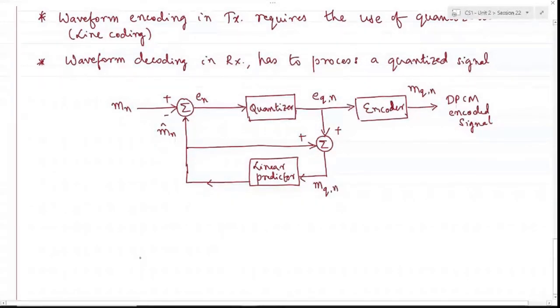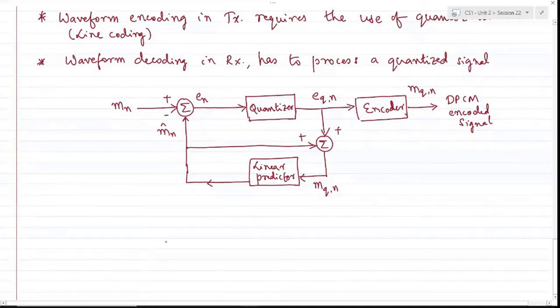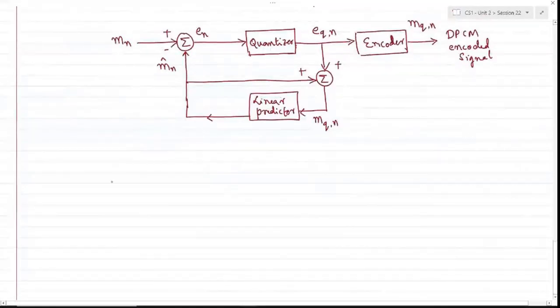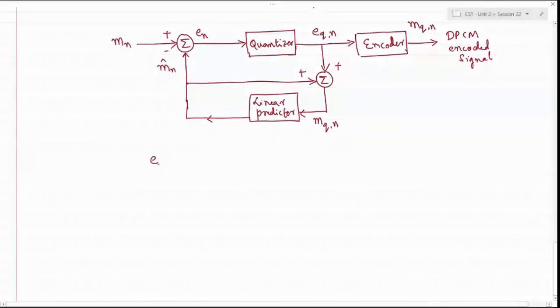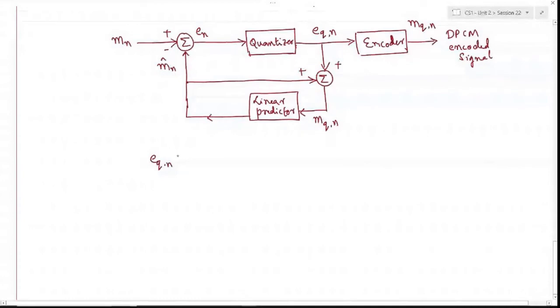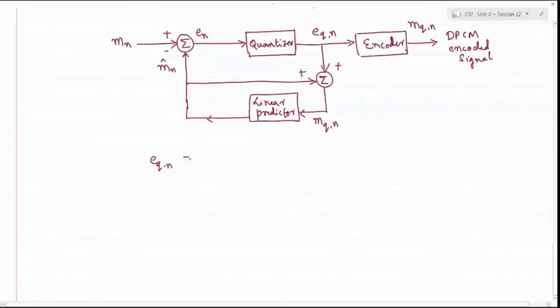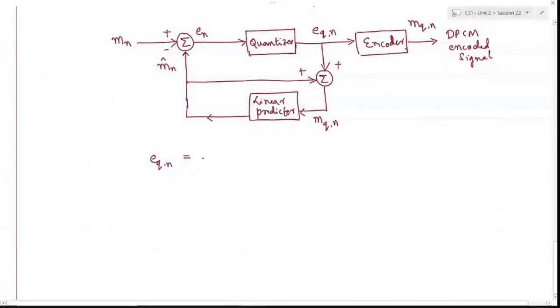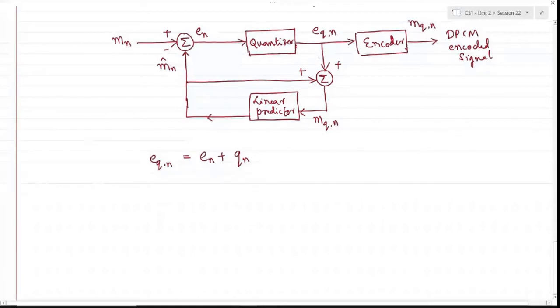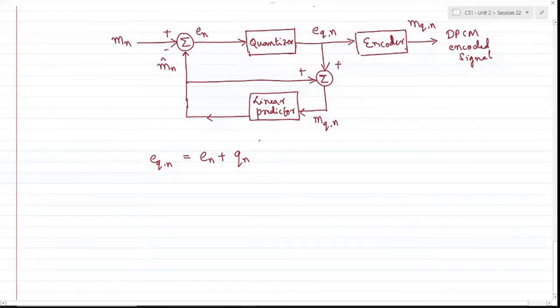and hence it is given a subscript known as q,n, where the relation between several mathematical representations here is that m_q,n is nothing but m_n plus the quantization noise q_n in the upper, straightforward path, where q_n is the quantization noise in the quantizer process itself.